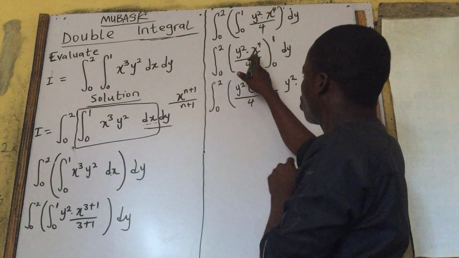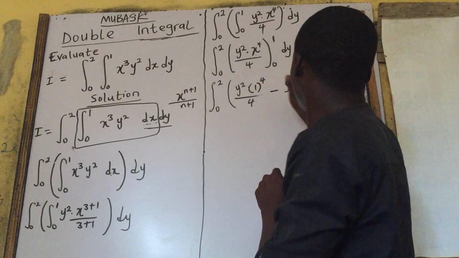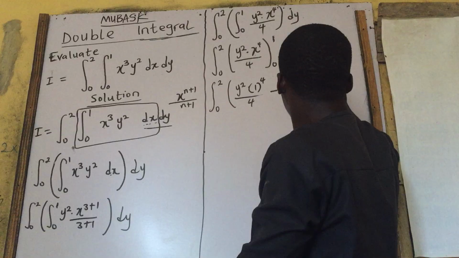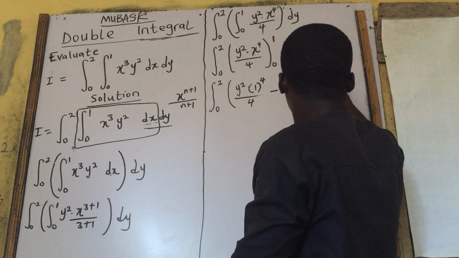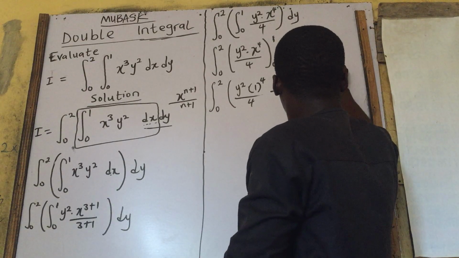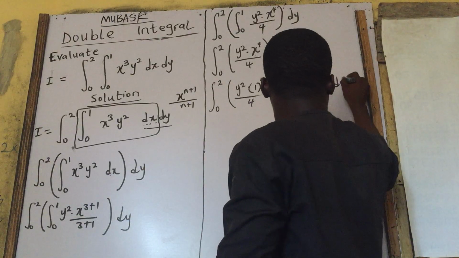Whenever we see x, we substitute 0. Open bracket 0, close bracket, raised to power 4 divided by 4, close bracket dy.